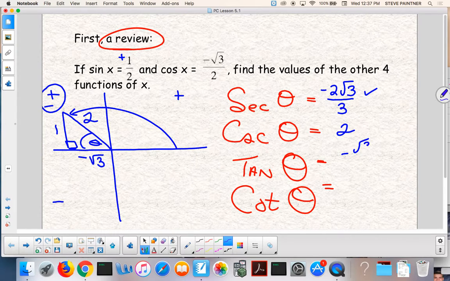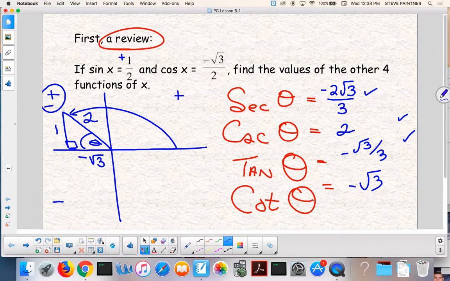Yeah, because it's really 1 over negative square root of 3, and then you rationalize. There you go. Last one, cotangent. Maddie, what do you think? Negative square root of 3 over 1, yes.